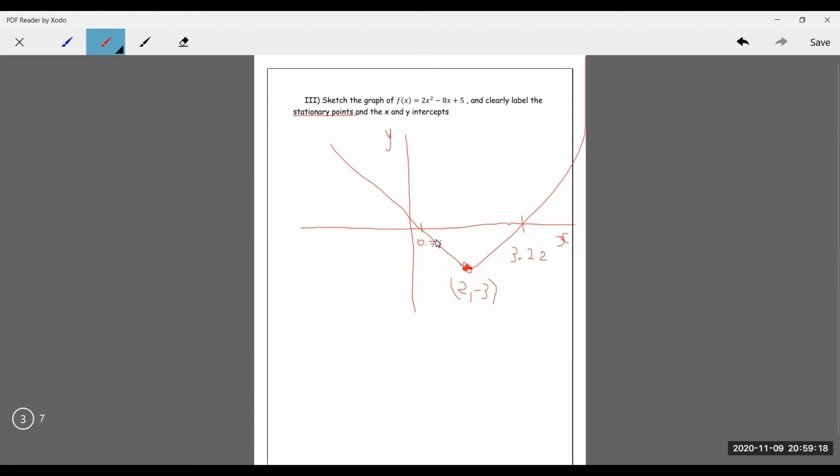So that's that root, 0.775. Now our y-axis intercept, this right here is 5. And then just to label the function now, this is the graph of y equal f of x. And that's pretty much how we sketch this right here.